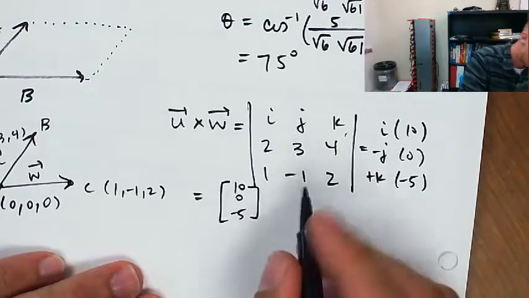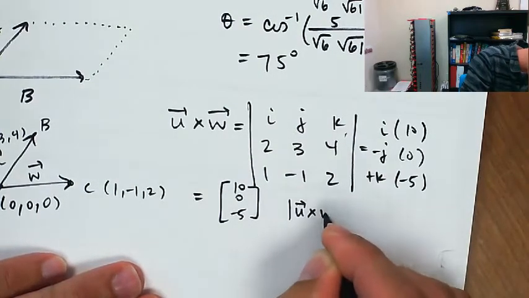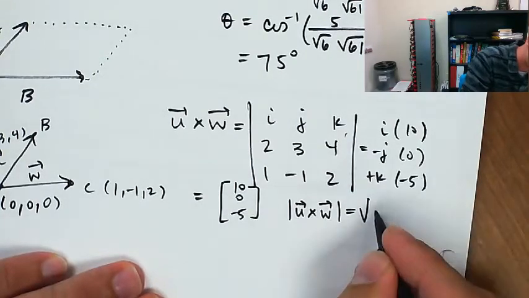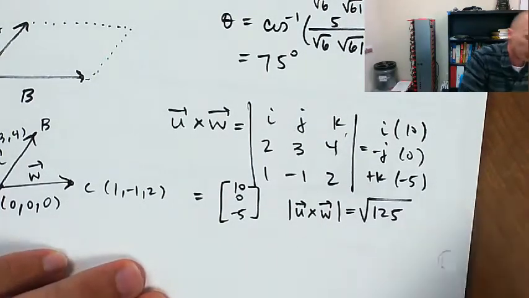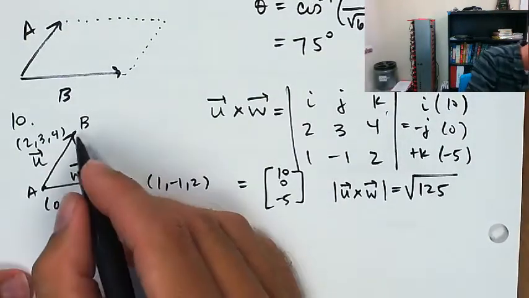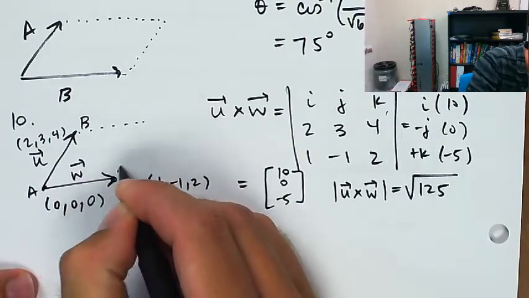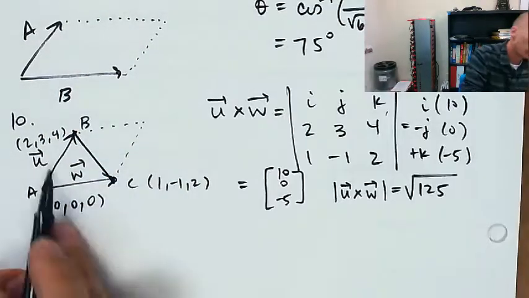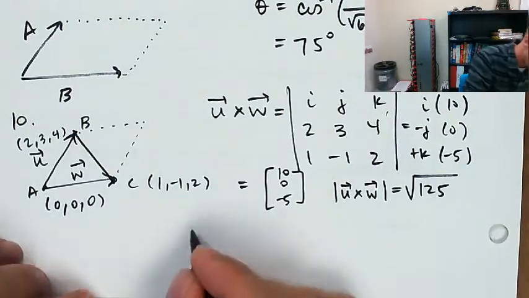All right. So now the length of U crossed with W is going to be the square root of 100 plus 0 plus 25. Okay, that's cool. And that means that the area of this parallelogram is going to be the square root of 125. Therefore, the area of this triangle is going to be half of that.